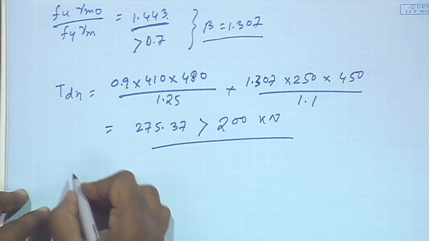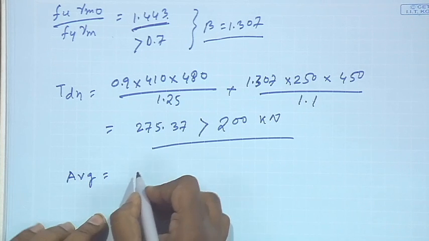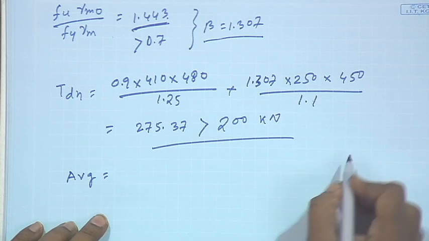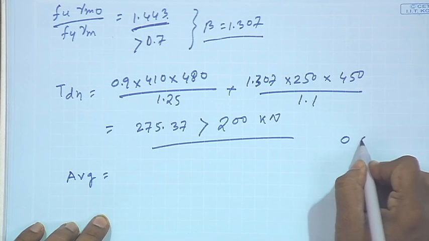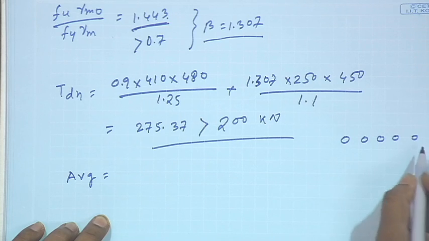Now, we will go for design strength of the member due to block shear failure. Okay. So, for block shear failure we have to calculate the value of AVG, and here AVG will be, so if we see these 5 bolts are there, right.